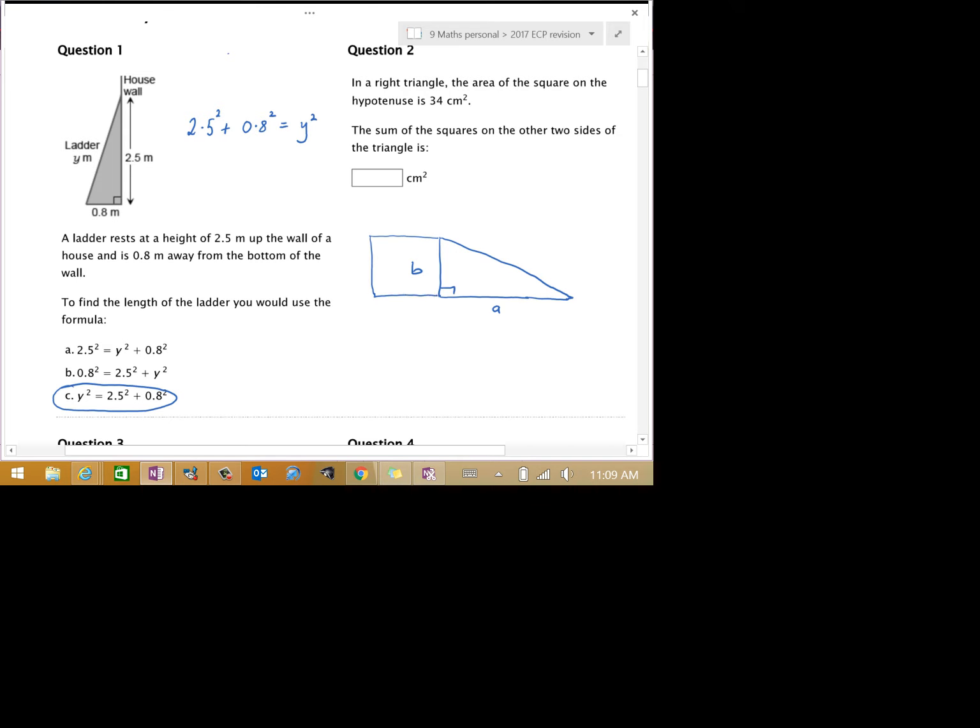If that's B, then this is also B, and what would the area be? B times B, B squared. So that has an area of B squared, and this would have an area of A squared.